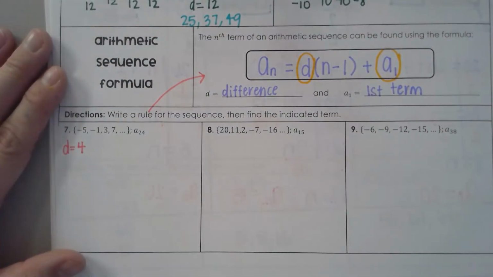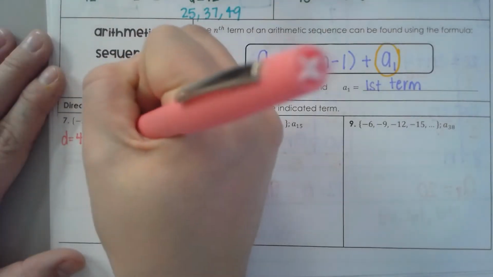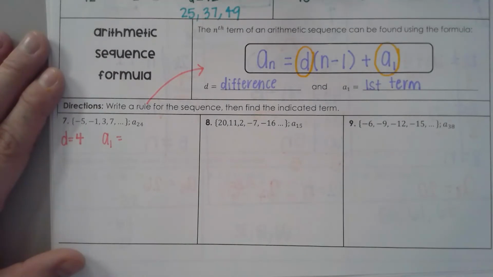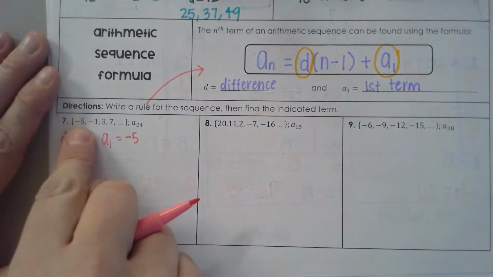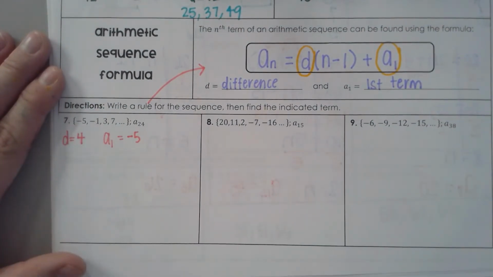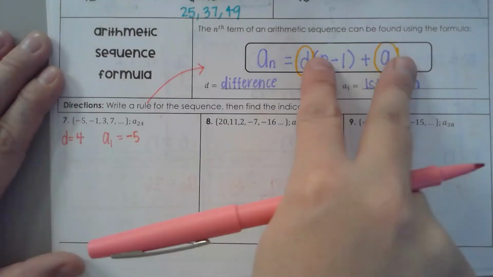So my common difference is 4. What is my A1? Negative 5. My first term is negative 5. So I'm just going to plug those two numbers into my formula.